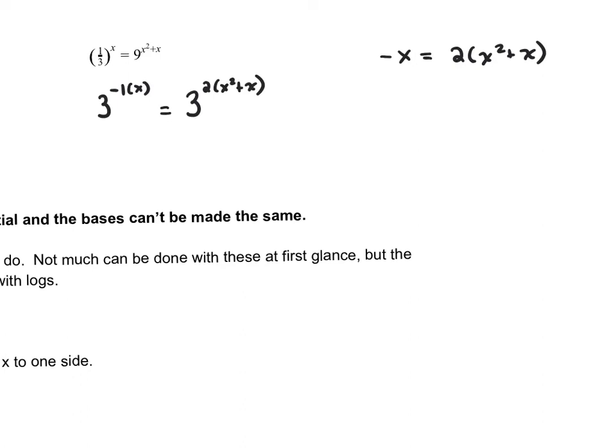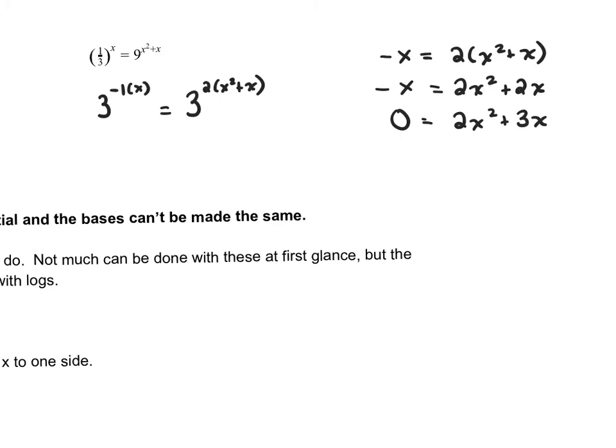Now this is a quadratic because we have a square term. So on quadratics, we typically get everything on one side, try to factor. If it doesn't factor, then we would try to do quadratic formula or some other method. So I'll go ahead and distribute the 2. So 2x squared plus 2x. I'll add the x, so I get 0 equals 2x squared plus 3x.